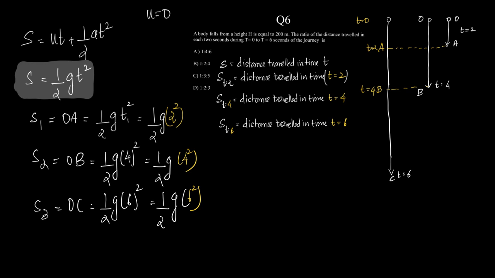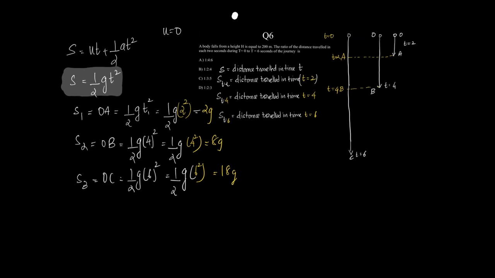So, well, this basically reduces to: 2 square is 4, 4 by 2 is 2, so this is 2g. 4 square is 16, 16 by 2 is 8, so this is 8g. 6 square is 36, 36 by 2 is 18g, right?